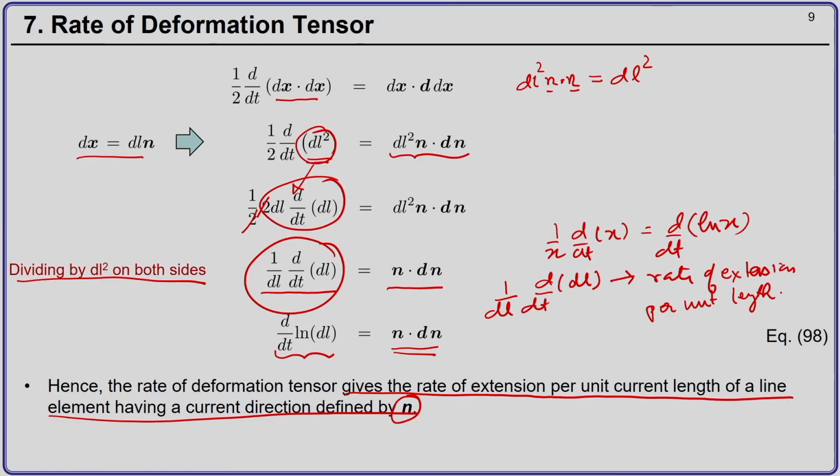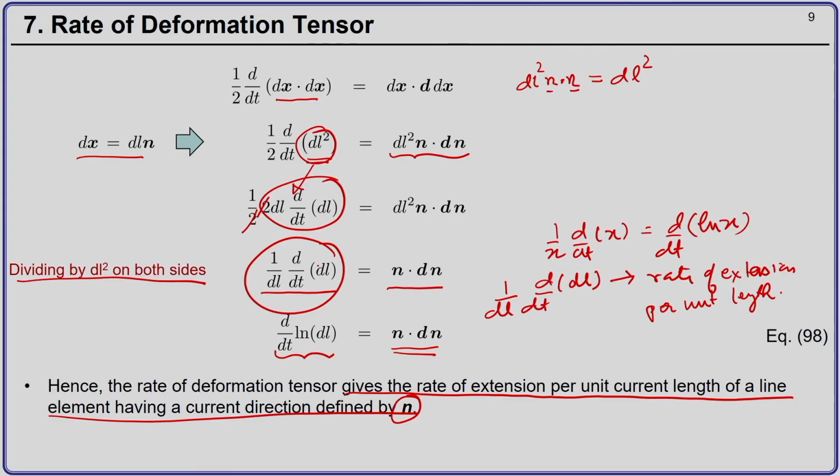Now, what happens in the case of rigid body motion? You know that in rigid body motion the body does not deform. So, the material vector dX will only rotate to the spatial vector dx, but the length of the vector will not change. From the current position at t to the configuration at t plus delta t, if there is a rigid body motion, then the length of the spatial vector dx will not change.